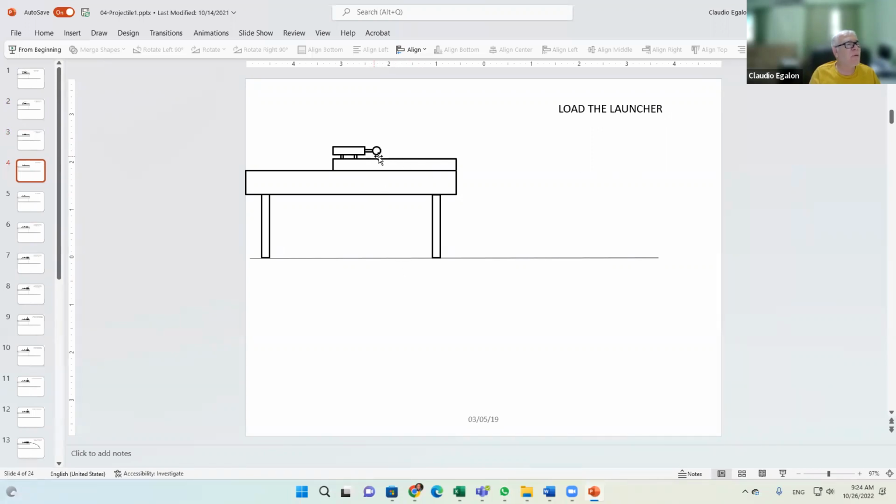It's much easier to load the gun and it hurts less as well, with the projectile there at the tip. Okay, so that's how we load the launcher.